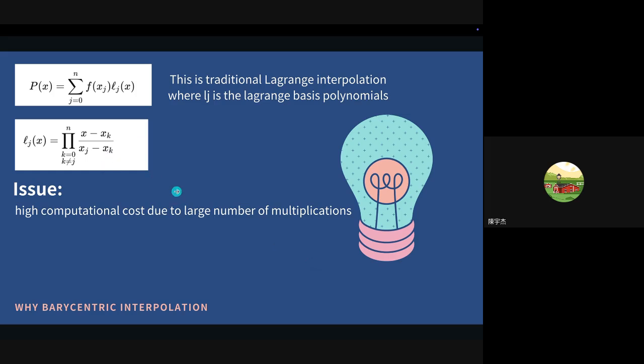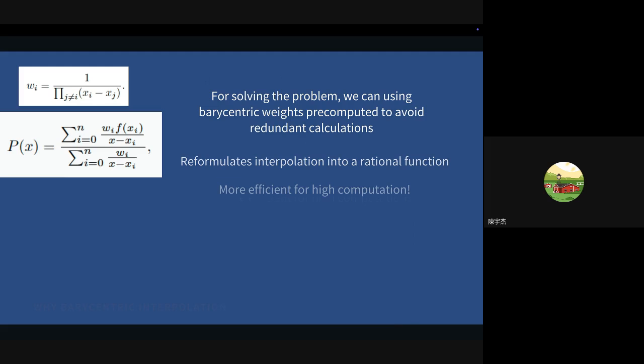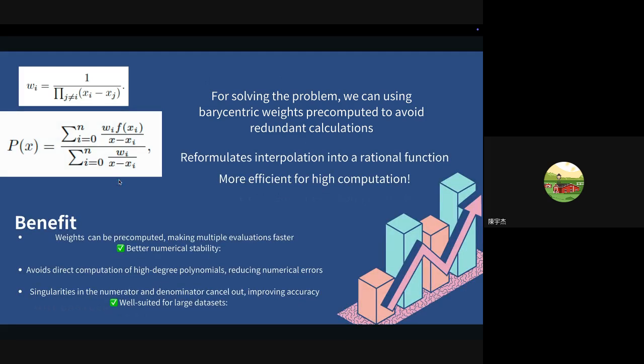As you can see in this formula, we need to do a large number of multiplications. It wastes a lot of time when we have a lot of sample points. To solve the problem, we can use the barycentric way to pre-compute it to avoid the redundant calculations, and it can make the calculation faster.